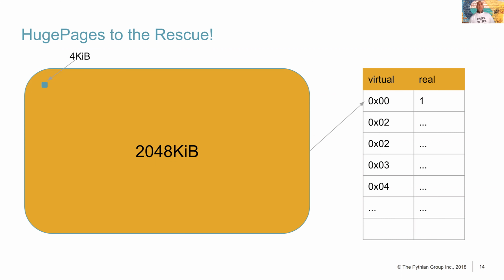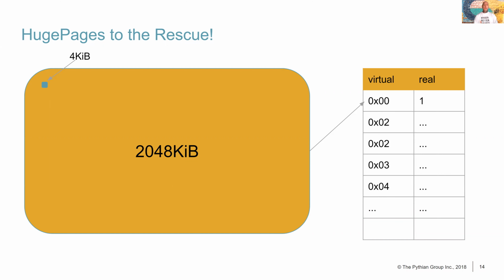What is this? The problem we have is that we have very little memory pages, 4 kilobytes. And for SGAs, we're using big amounts of memory, which means that we have a lot of these. So the idea is that instead of 4 kilobyte pages, we use bigger ones, huge pages.